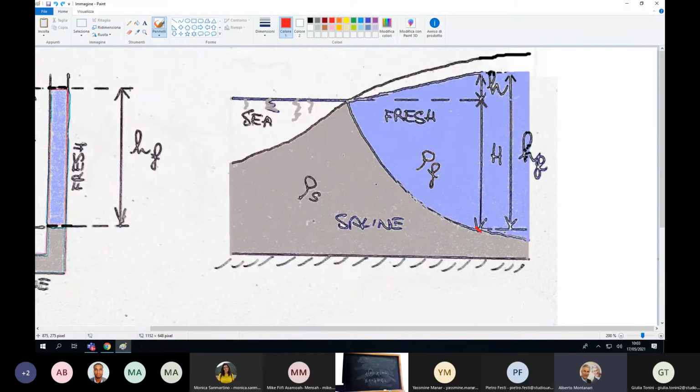Now, what I am doing on the blackboard is to study the equilibrium of this point here. This is precisely what I'm studying, the equilibrium of this point. And therefore, I am interested in knowing, as I said, H. Why? Because H is precisely the position of the separation line for this point. And of course, then I will have to study the same equilibrium for another point, for instance, this one.